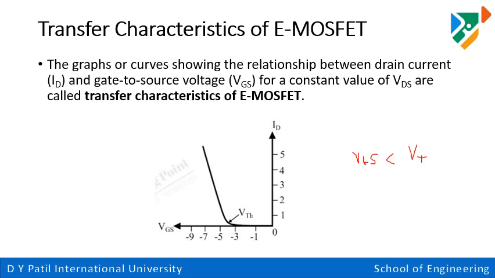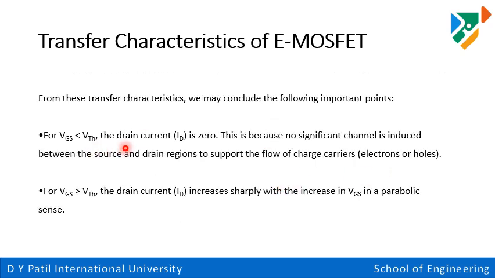So for VGS less than VTH the drain current is zero, and for VGS greater than VTH the drain current increases sharply with increase in VGS.